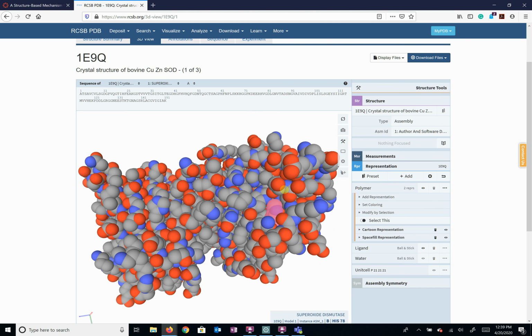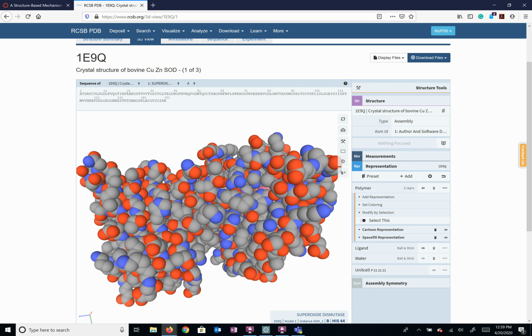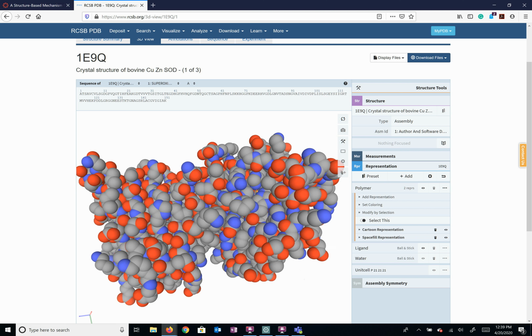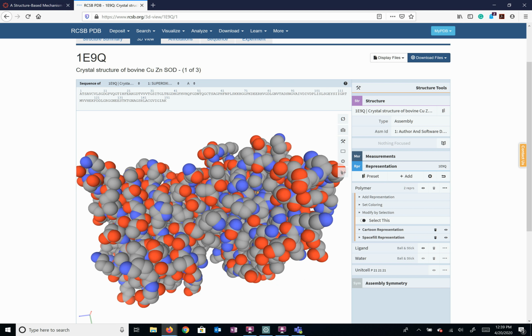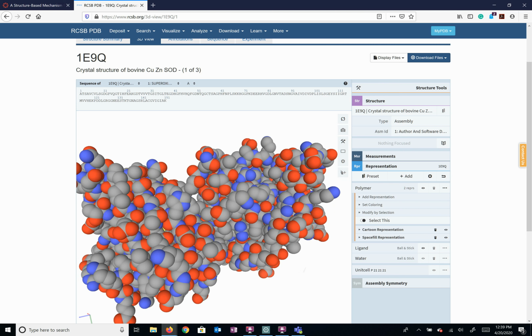But the copper is open, so the water can come in, the superoxide can come in, and things can leave. There is a channel that leads to this active site. I just wanted to draw your attention to that, because we should always take a look at where the active sites are in our enzymes.